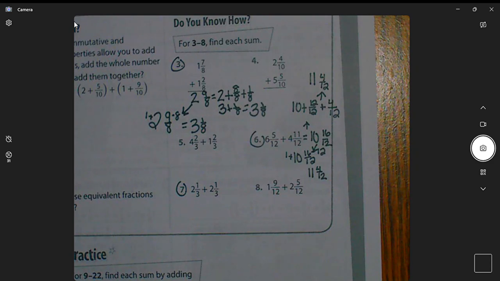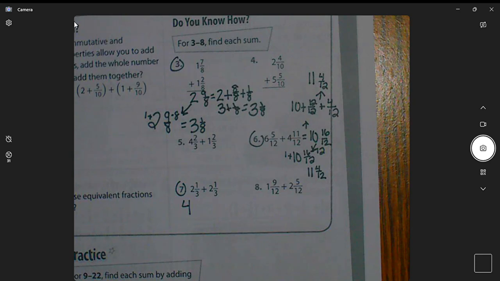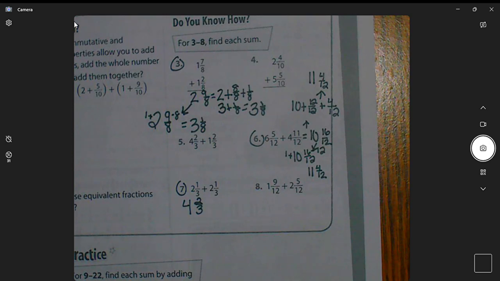You're right, it's 4. 1/3 plus 1/3. You're right, it's 2/3. Now, here's my question. Can I leave it or do I change it? You're right. Leave it. It's fine the way it is.